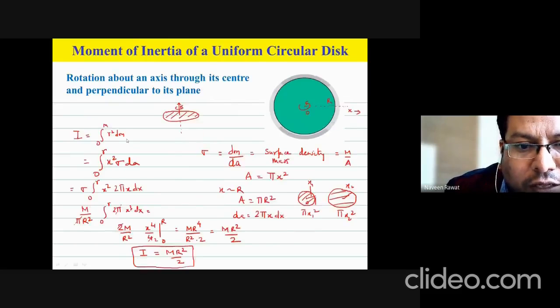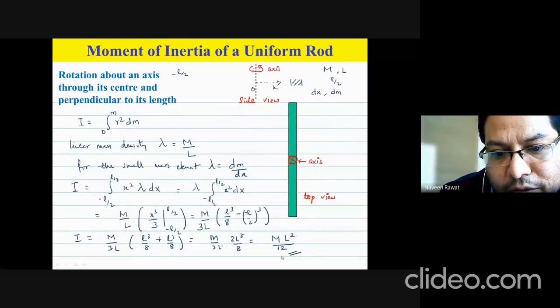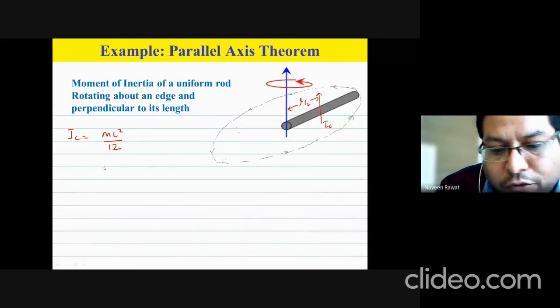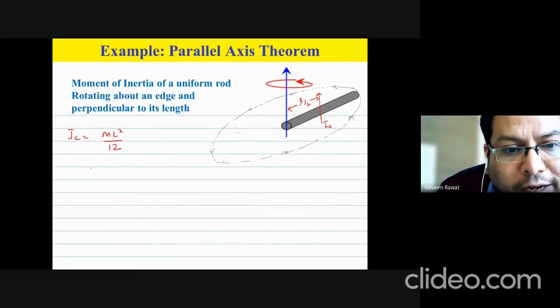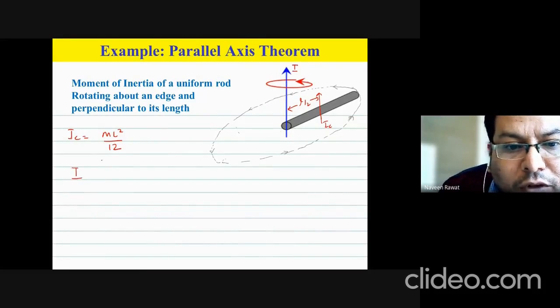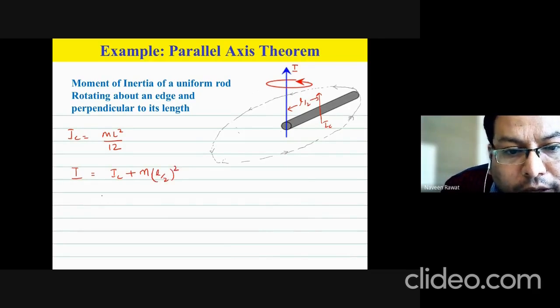That was the value that we had calculated in our first expression right here. Let's plug that in this equation. So from our equation of parallel axis theorem, we know that I that is now going through this axis will be this I of C plus the total mass times the distance square, and the distance square is what? L by 2 square.